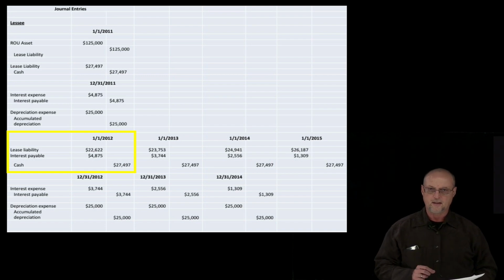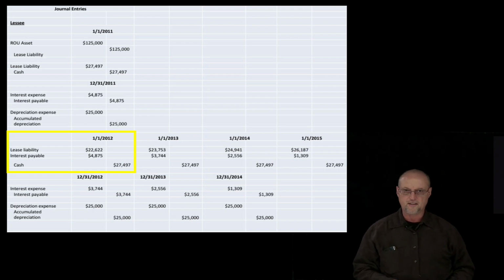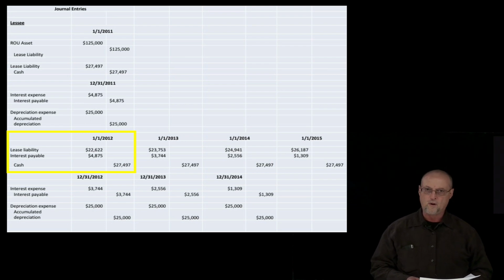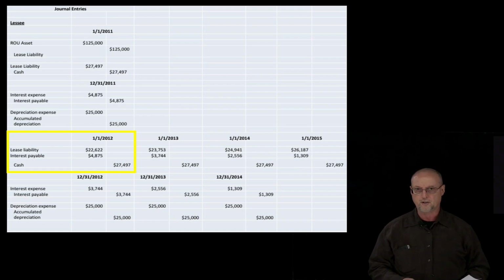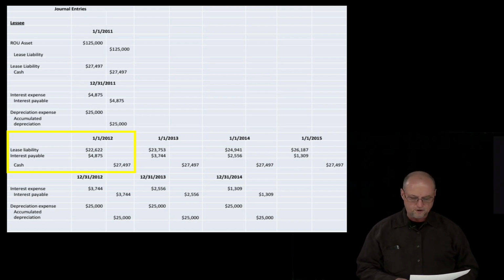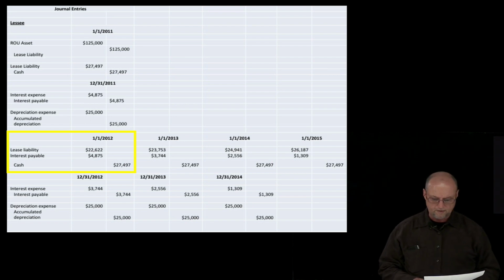Remember, interest expense got closed out. It's a temporary account. I have a video on closing entries if you're rusty in that area. Okay, but interest payable is a liability. It doesn't go away until we pay that liability, which we're doing on January 1st of year two. Okay, so we debited lease liability, debit interest payable, credit cash for $27,497.